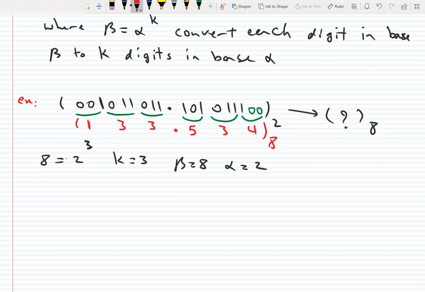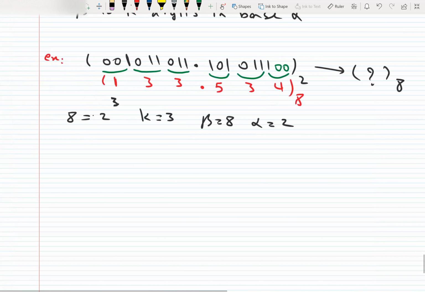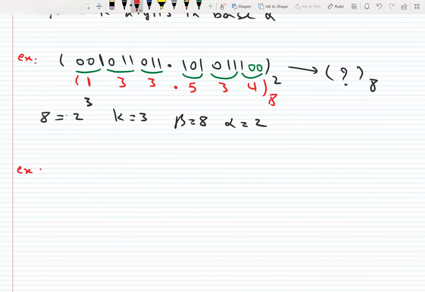Okay, so let's see. We want to convert this number AF.16C from base 16 to base 2.